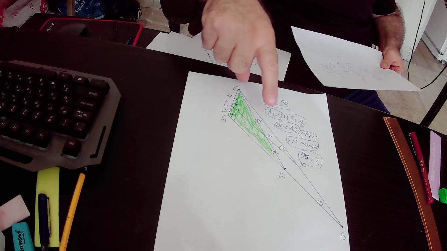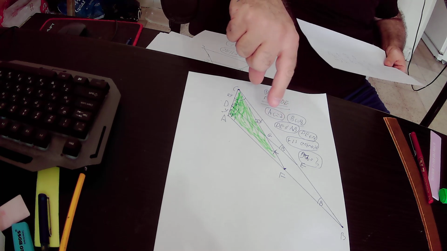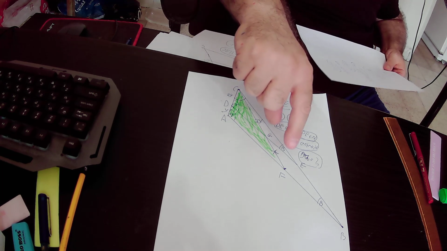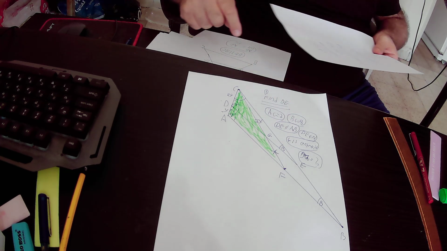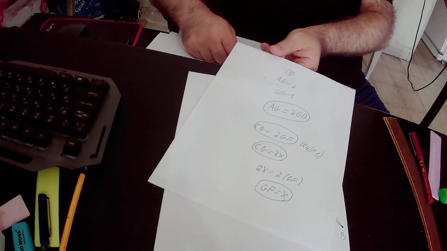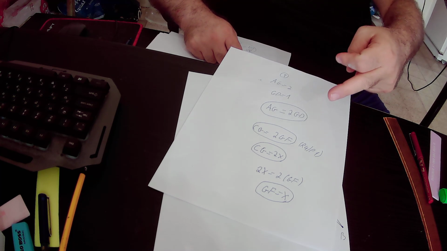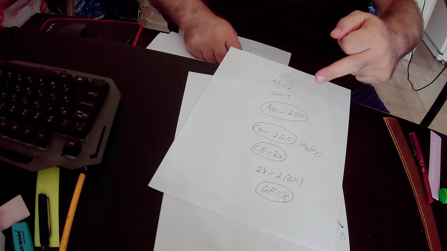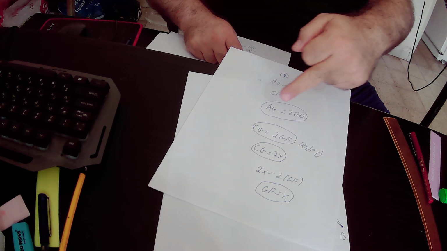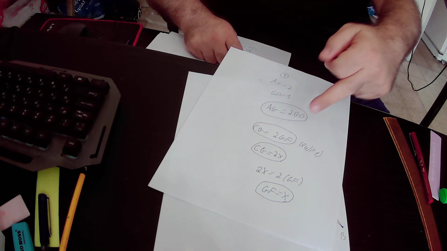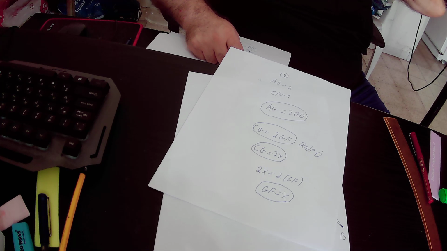That is to say, if CG equals 2 units, then GF will be equal to 1 unit. Or in other words, CG is twice as large as GF, that is, CG equals 2 times GF.